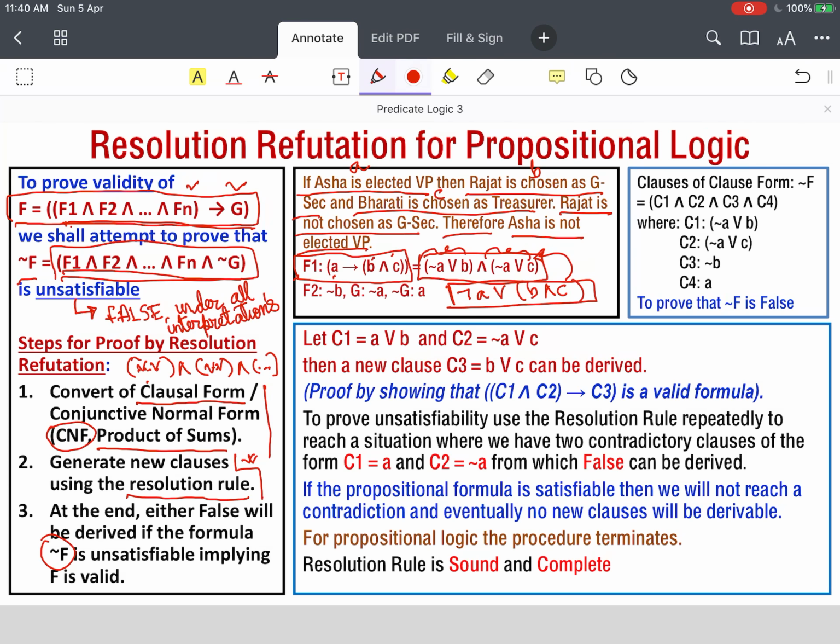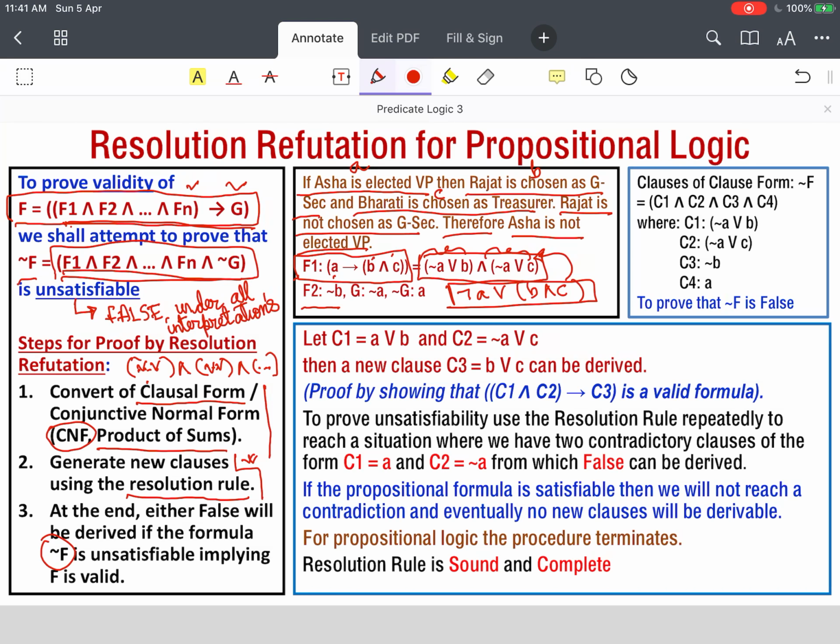The form is that it is a product of some terms. That means it is an AND of some terms, and each term is only an OR term. Each such term is called a clause. So we get two clauses out of this, C1 which is not A or B and C2 which is not A or C.